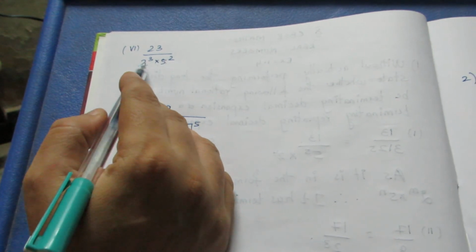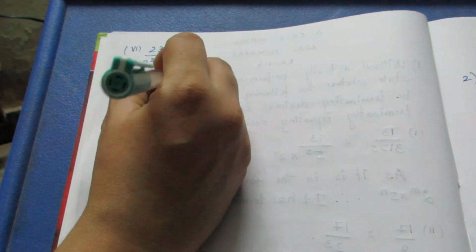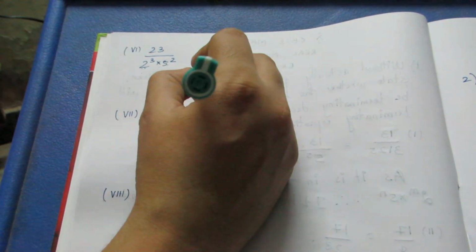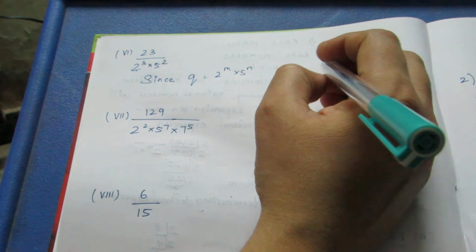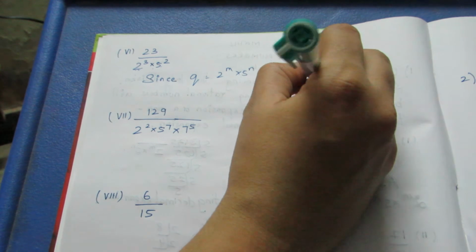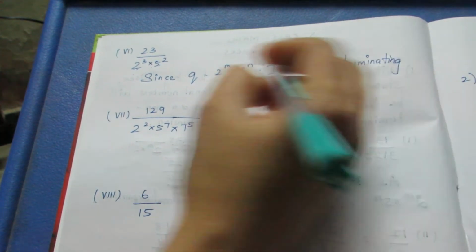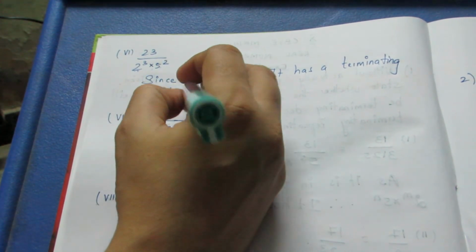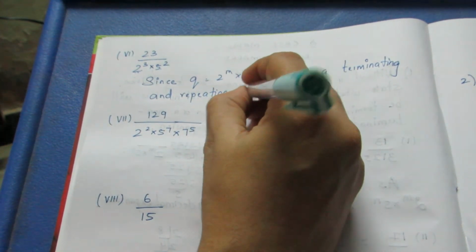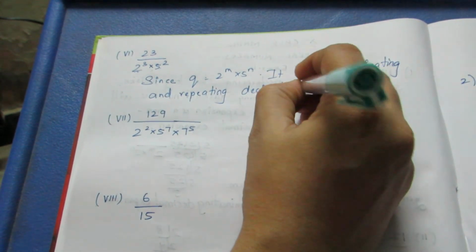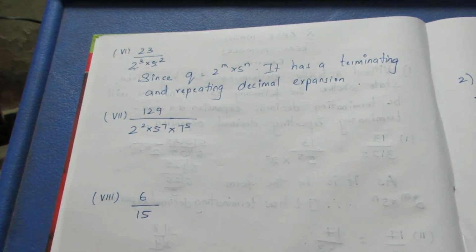Since it is in the form of 2 power m into 5 power n, it has a terminating and repeating decimal expansion. We'll move on to the next one.